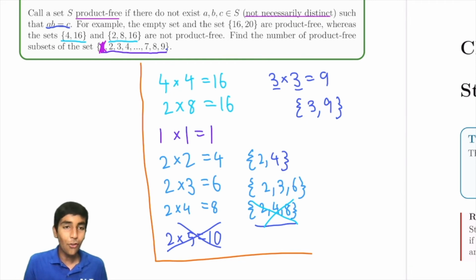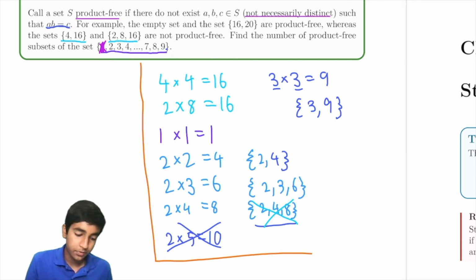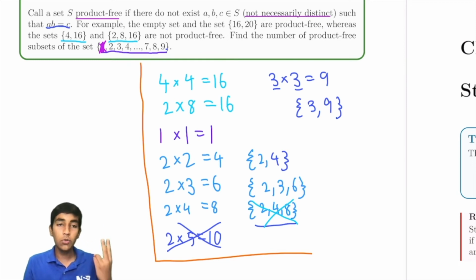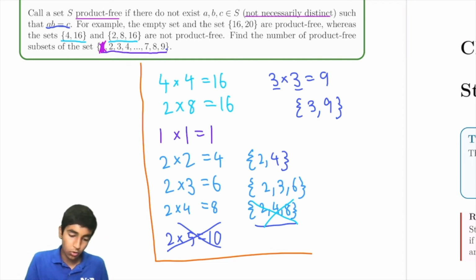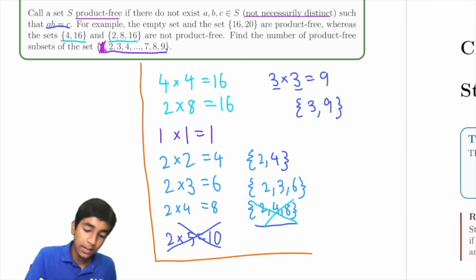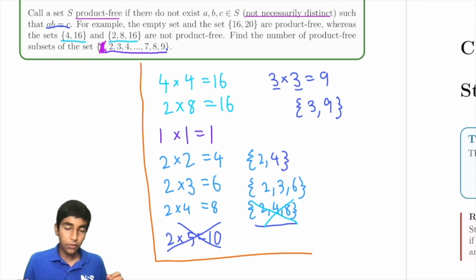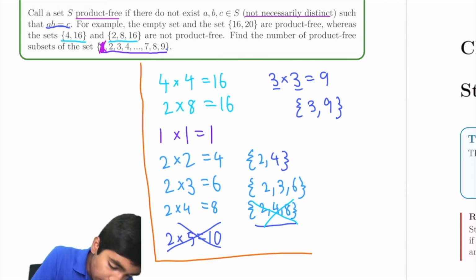So with 2, 4, how many subsets include 2, 4? Well, 2, 4 are 2 elements out of 8 total elements here. 2 through 9 is 8 elements. So for a subset to contain 2 and 4, those 2 elements have to be there. And there are 6 remaining elements.